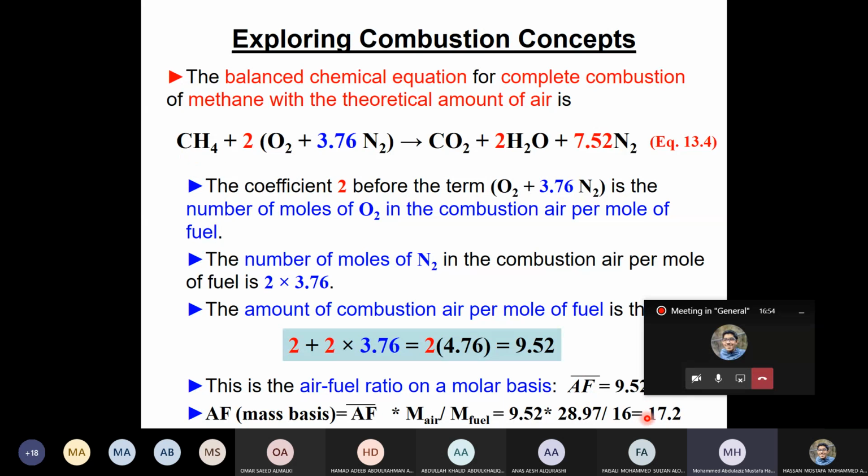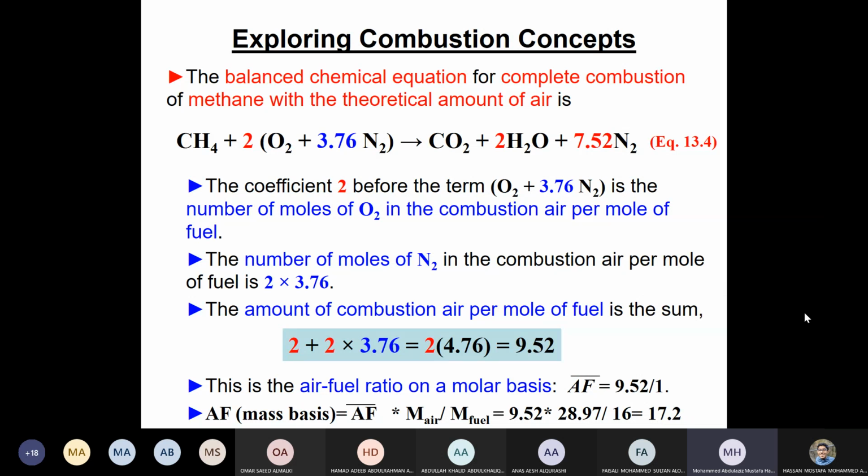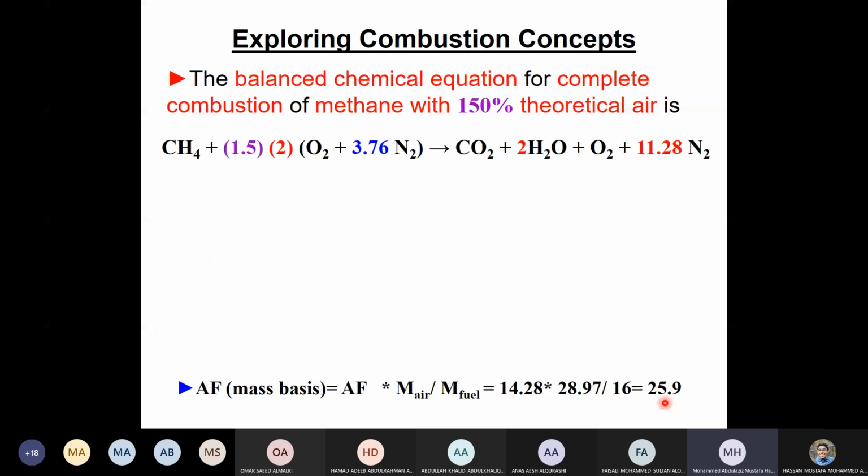This will be the air to fuel ratio by mass. So far we have learned two things: one is how to write the reaction equation, and second is how to calculate the air to fuel ratio on a mole basis and on a mass basis. We will still have more examples, and I will make sure that by the end of this class, every one of you is an expert in calculating that.